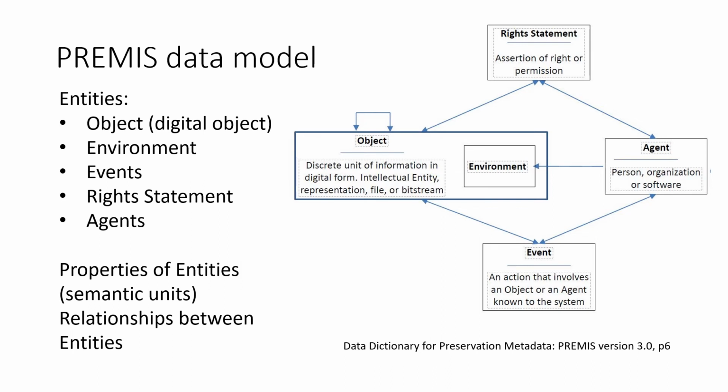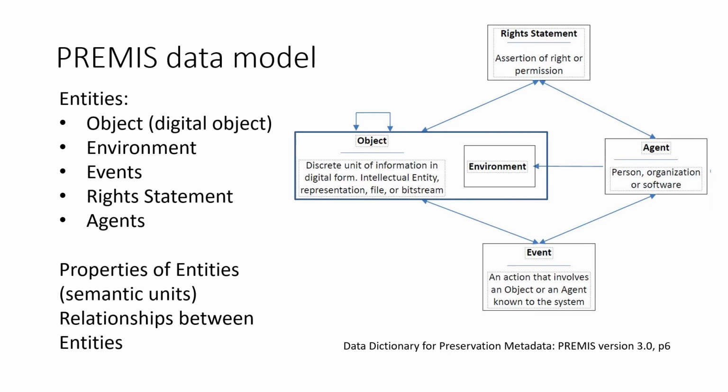The environment entity. This describes technology, software, or hardware supporting a digital object in some way, such as rendering or execution. Environments can be described as intellectual entities and captured and preserved in the preservation repository as representations, files, and/or bitstreams. Intellectual entities are used to record descriptive information for an environment.